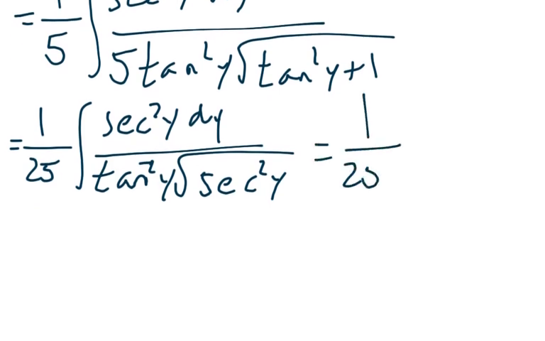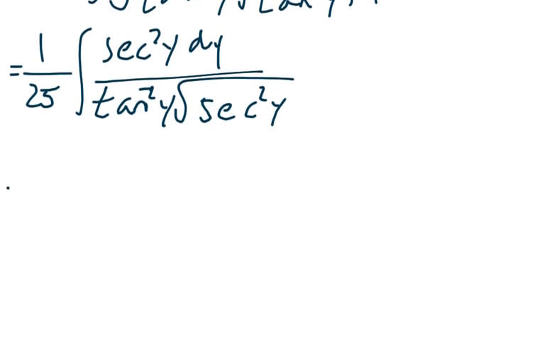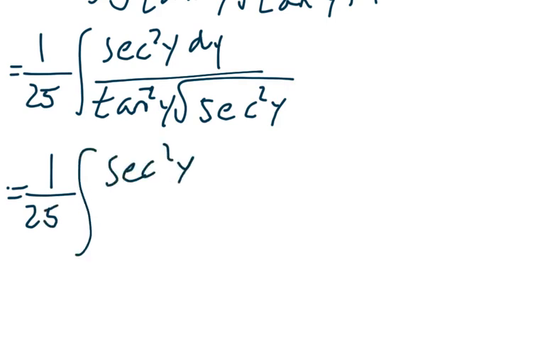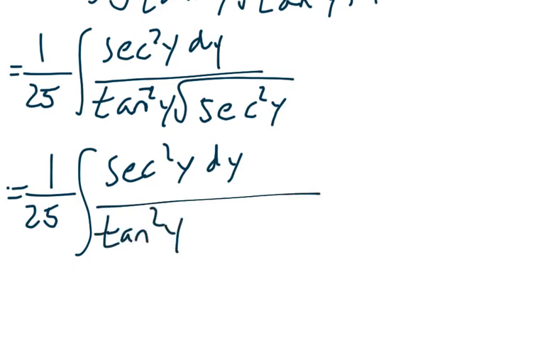So this is 1 over 25 integral secant squared y dy over tangent squared y times secant y. Okay, this is great. Now we can get rid of one of these, get rid of that squared.